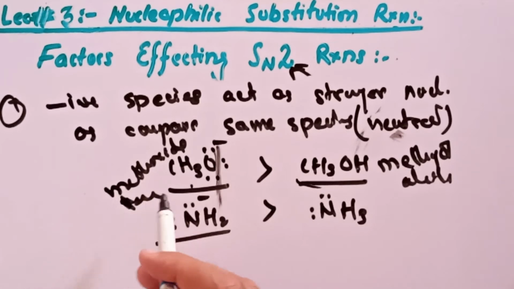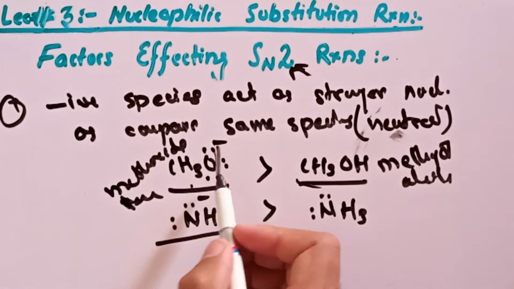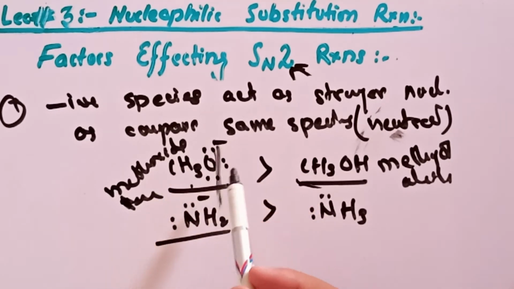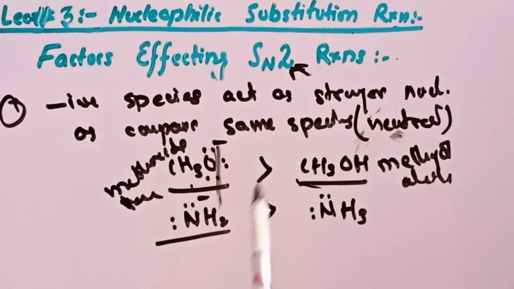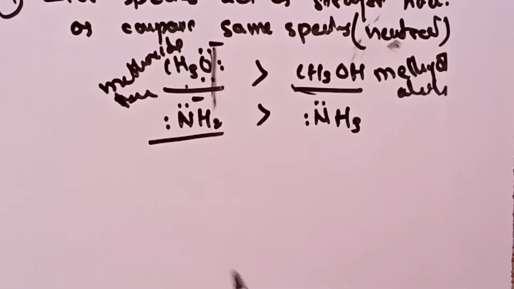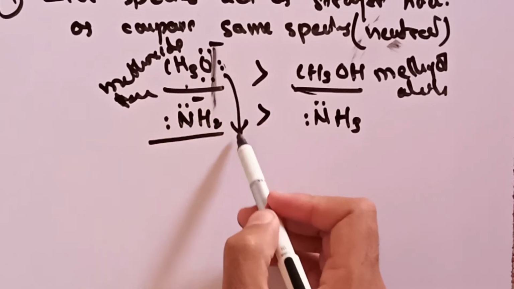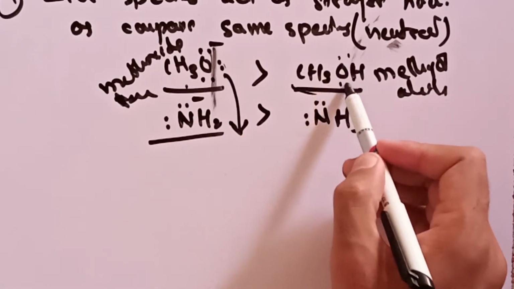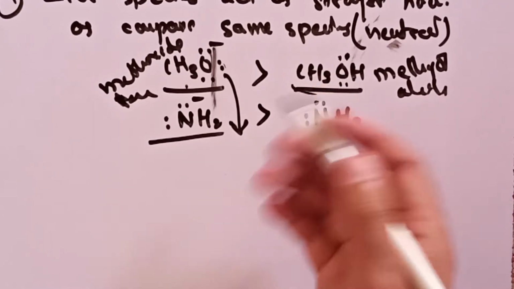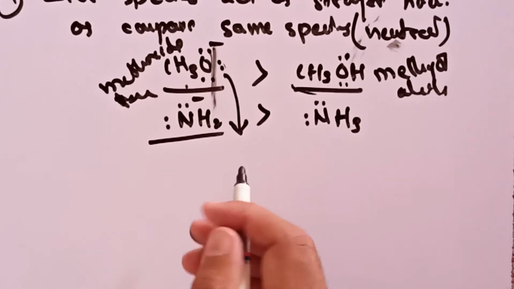Methoxide ion will be 1 million times faster than methyl alcohol, because methoxide ion has a negative charge, and as I told you, a negative species will always act as a stronger nucleophile as compared to the same neutral species. Actually, methoxide ion has three lone pairs available for sharing electron pairs, while methyl alcohol has fewer free lone pairs available for donating or attacking any electrophilic carbon.